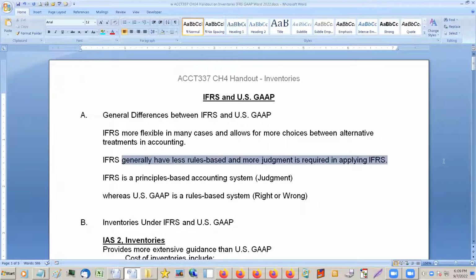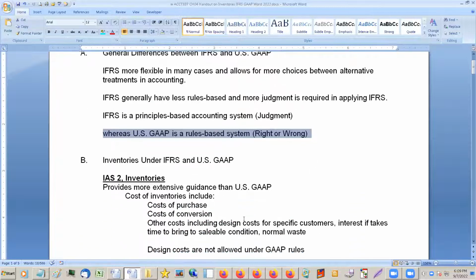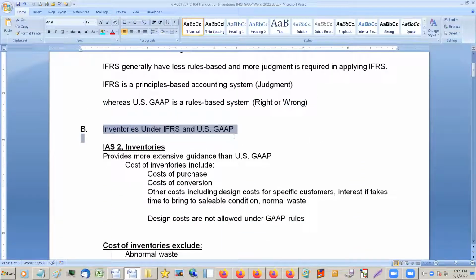Less rule-based than, you know, GAAP. So IFRS is a principle-based system, and GAAP is rule-based. And today we're going to look at inventories.